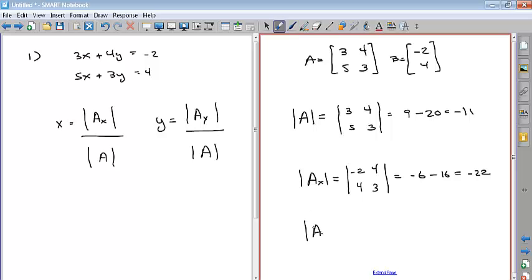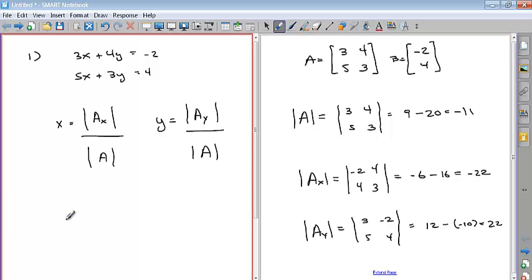For A sub y, we keep the first column the same as the original matrix, and replace the second column with the values on the right hand side. So 3 times 4 is 12, minus negative 2 times 5, which is negative 10, so that's positive 22.